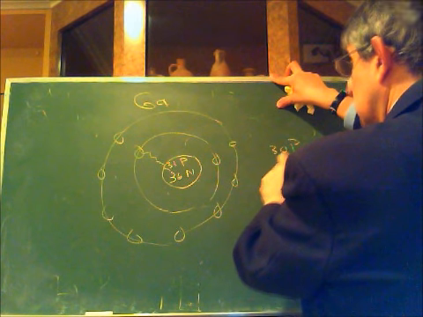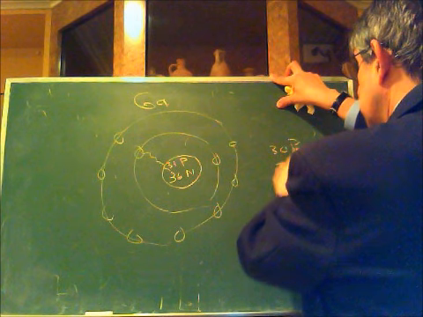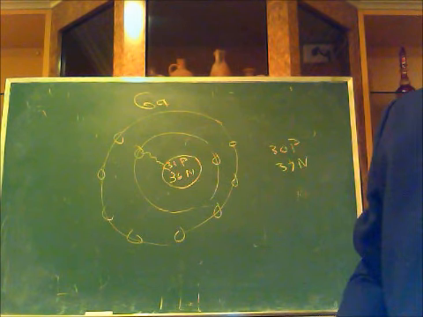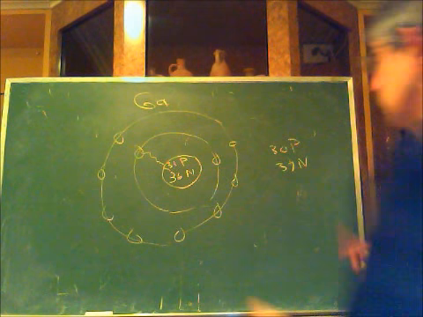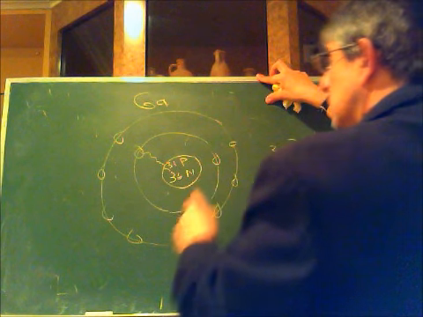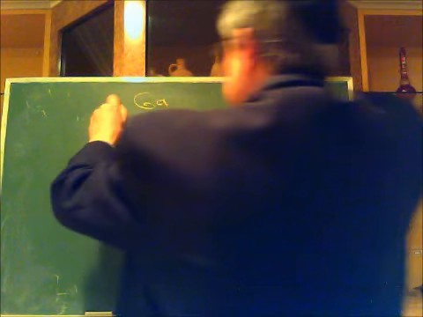Did I do that correctly? I think so. Yes, I did do that correctly. So if we write that in isotopic notation, we had gallium initially, gallium 31, 67.